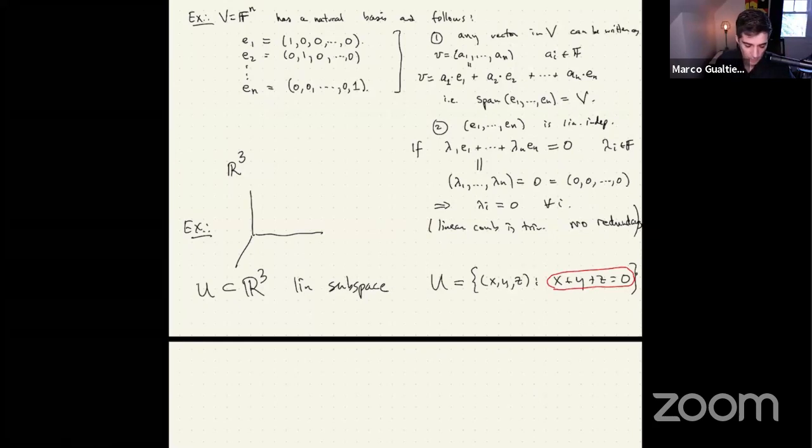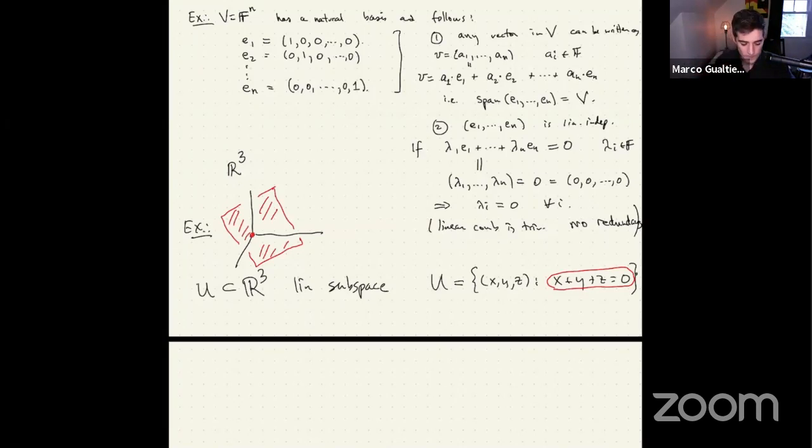And it's kind of hard to draw in this projection, but it's a plane which is passing through the origin. I'm drawing the normal vector to the plane.